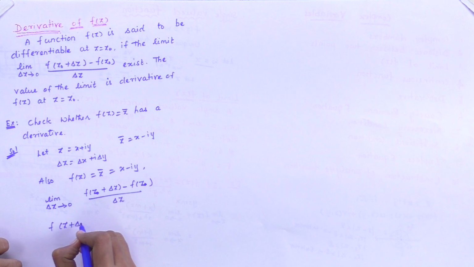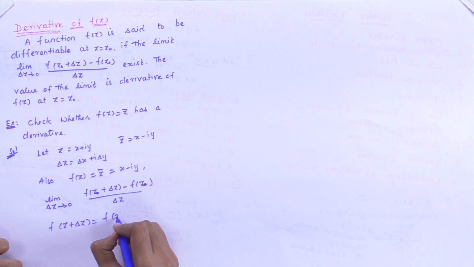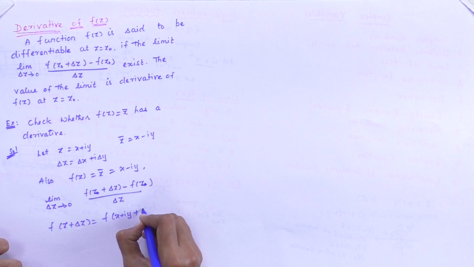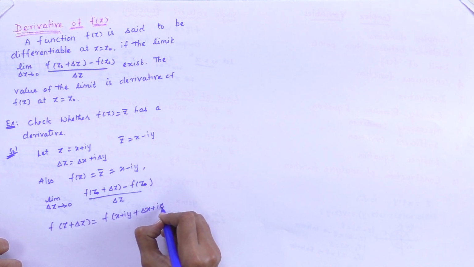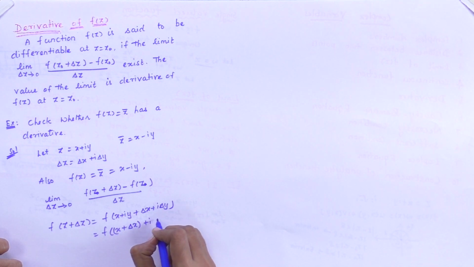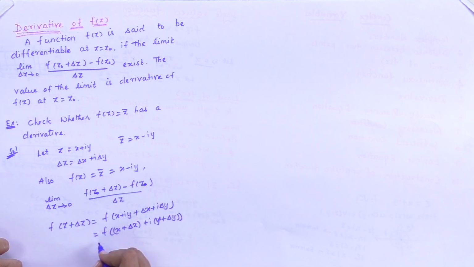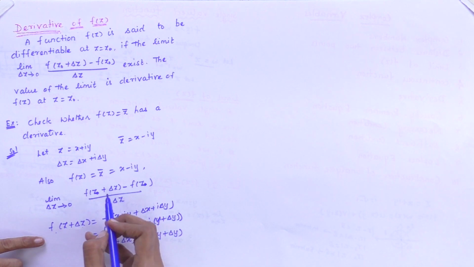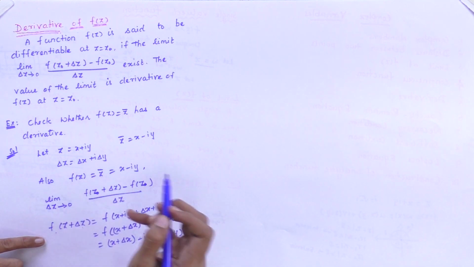So f of z plus delta z is equal to f of x plus iy plus delta x plus i into delta y, which is equal to, separating the real and imaginary parts, x plus delta x minus i into y plus delta y. Substitute the value of f of z plus delta z here and f of z already given.